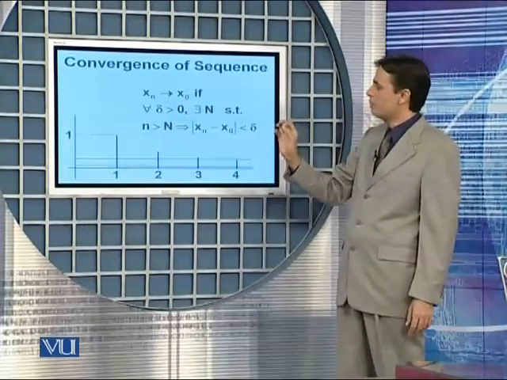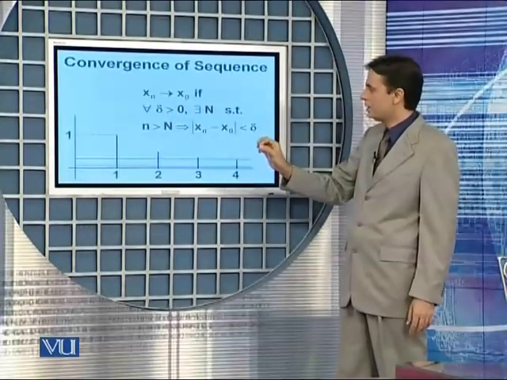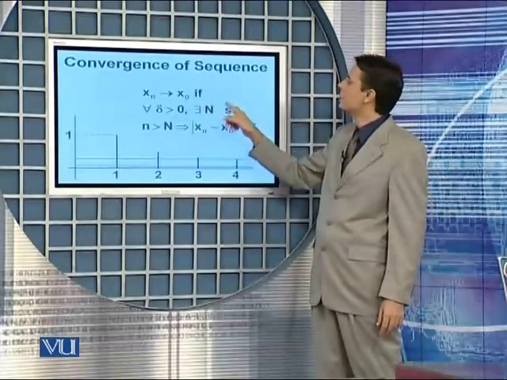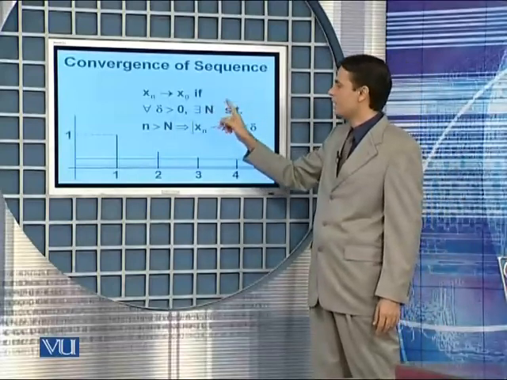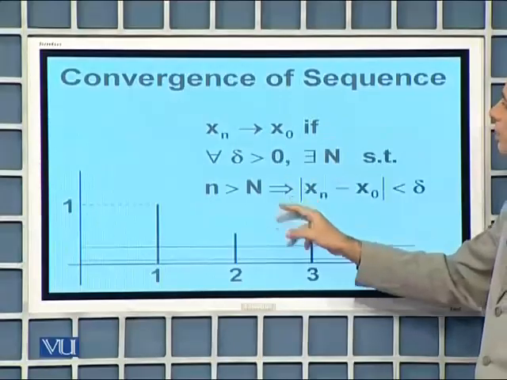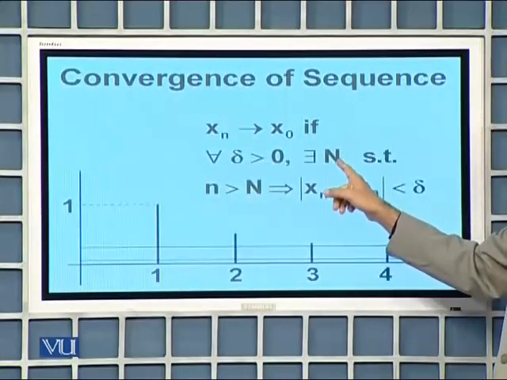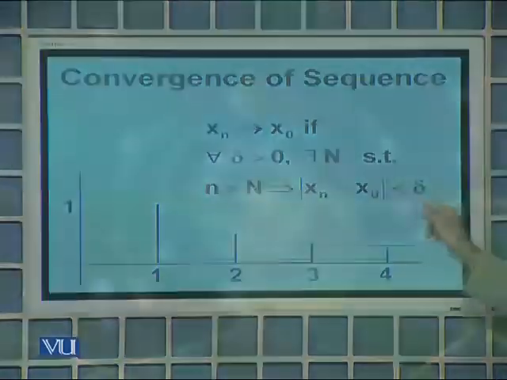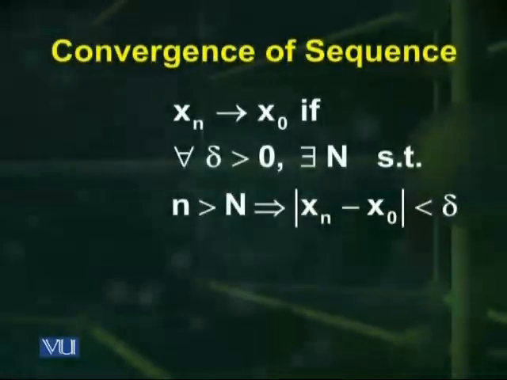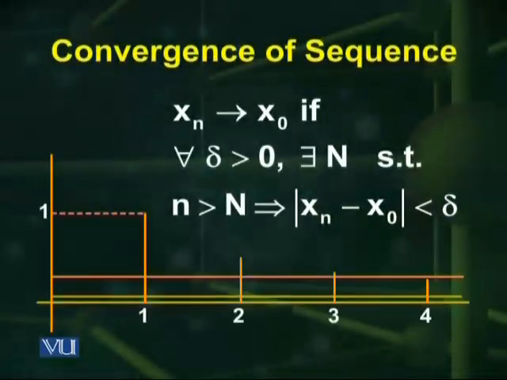So you can pick an even smaller limit and I will decide a capital N, and once I decide that, all the numbers xn with index n larger than this value will remain within your limit. Here is an example. This is a sequence of numbers xn is equal to 1 over n.